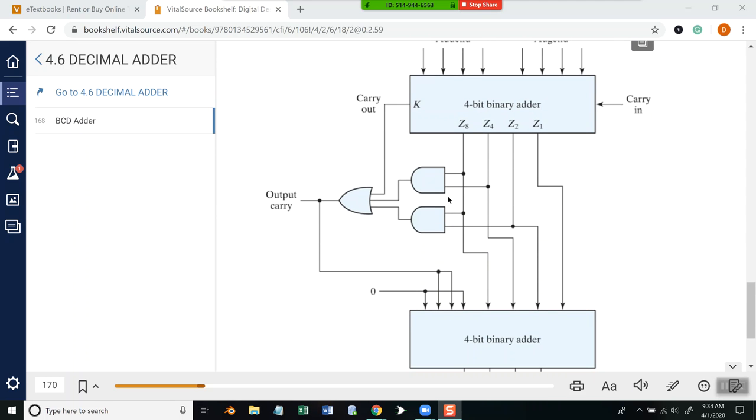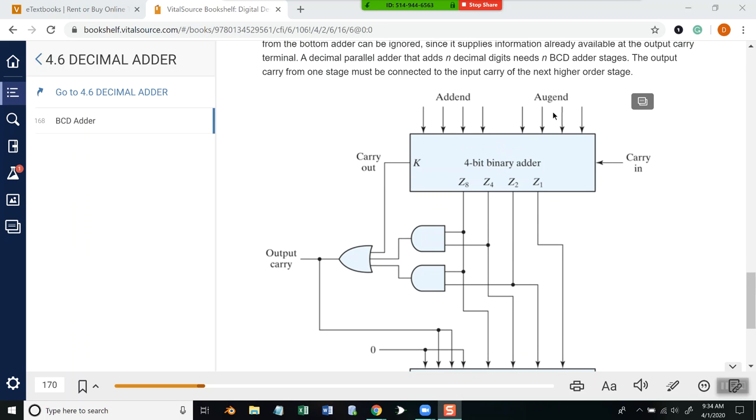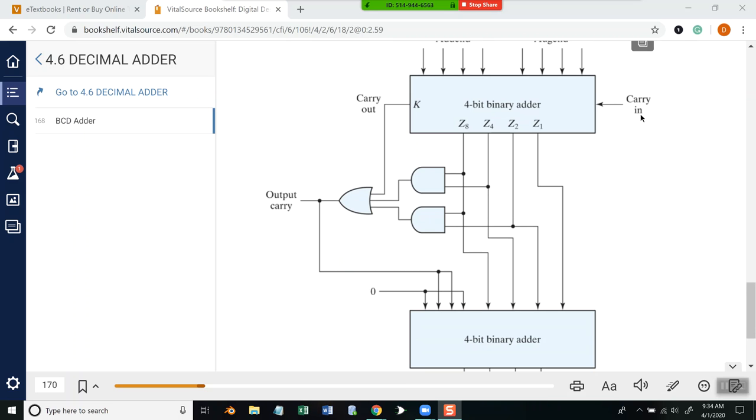So down here, let's see. We've got our addend coming in. It's going to our 4-bit binary adder. And we've got our carry in coming in here, and then our carry out.